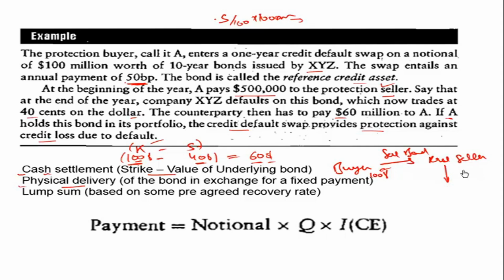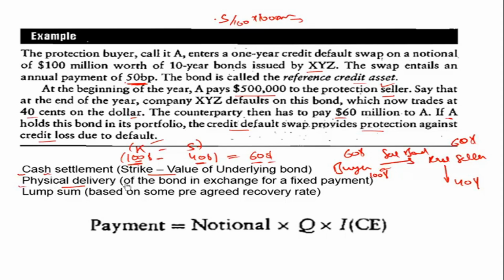The current price is $40. In both cases, a physical delivery or a cash settlement, the payoff economically remains the same. So the seller eventually has a loss of $60 and the buyer has a gain of $60 because he got $100. Even in a cash settlement, he gets $60 from the protection seller and he has $40 worth of the bond.